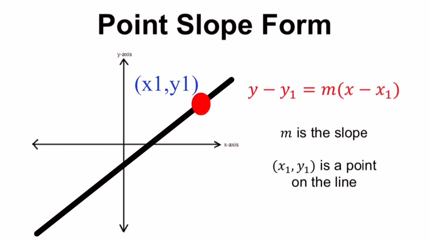Sometimes the slope is not given, but another point is given. We can solve for the slope of the line using these 2 points, and we still can use the point slope form. We just have to pick which of those 2 points we use to replace the y1 and x1 in the equation.